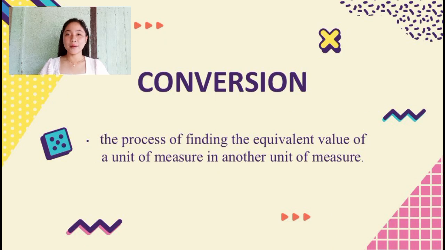Another term for our topic is conversion. Conversion is the process of finding the equivalent value of a unit of measure in another unit of measure. Did you get it, class? Did you follow? Very good.